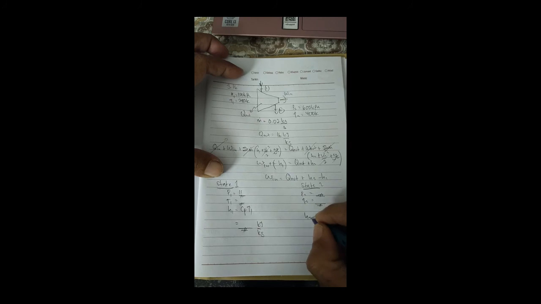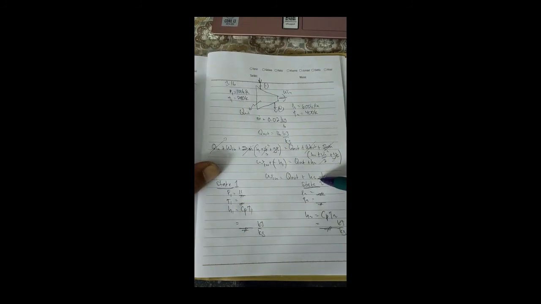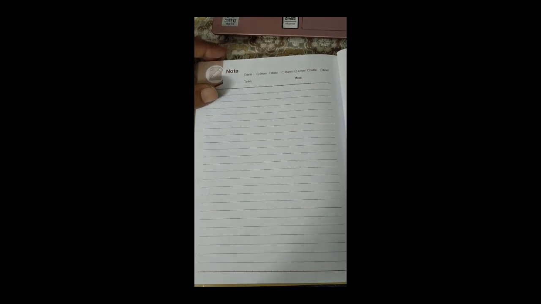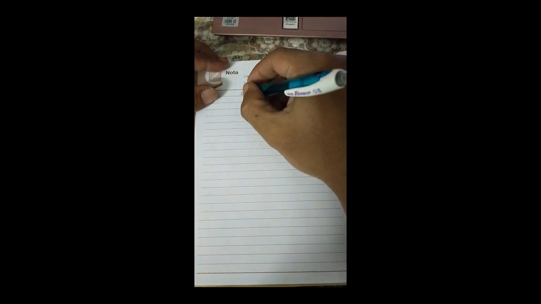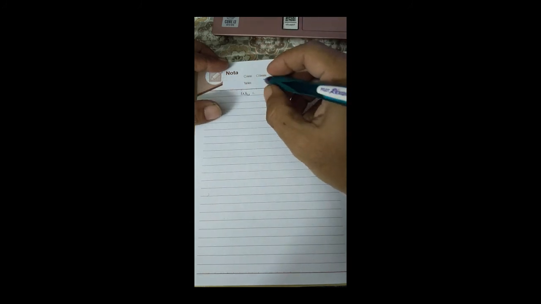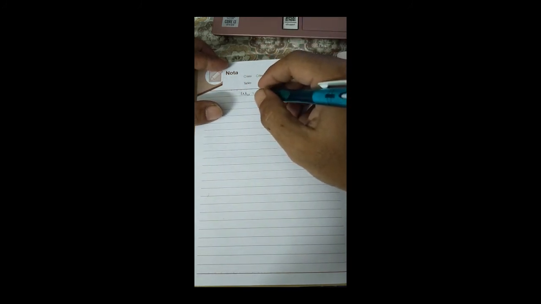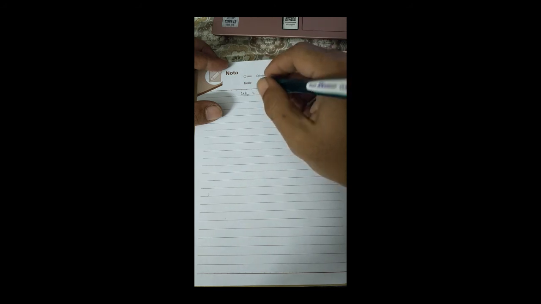So H2 is Cp T2. So we get the answer in kilojoule per kg. Substitute into your general equation. We have work in, because work in is the question, the necessary power input to the compressor.